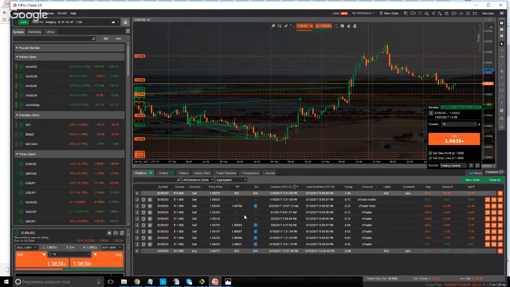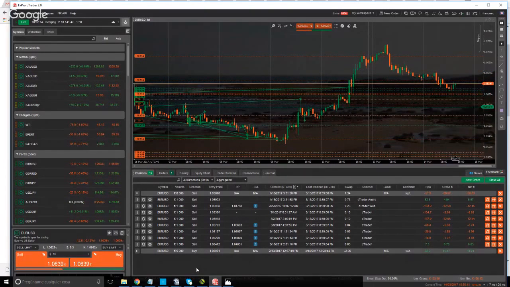That would reduce the sell side to 6,000, and at the same time I would increase the buy side, so we would stay more or less 100% hedged around these levels.